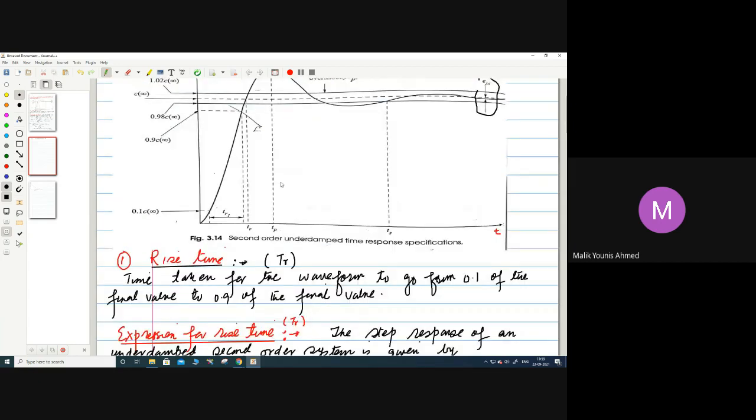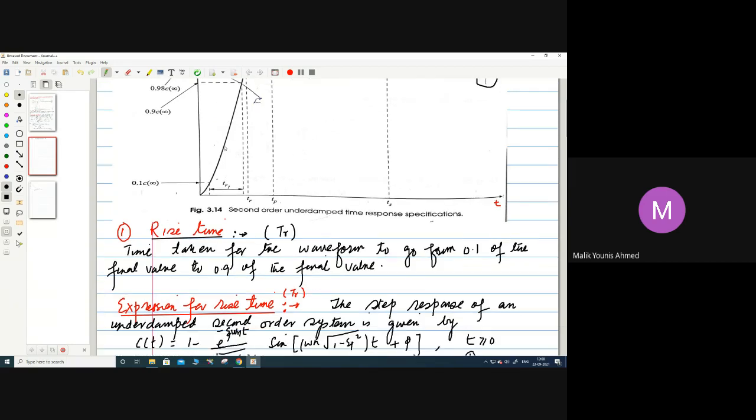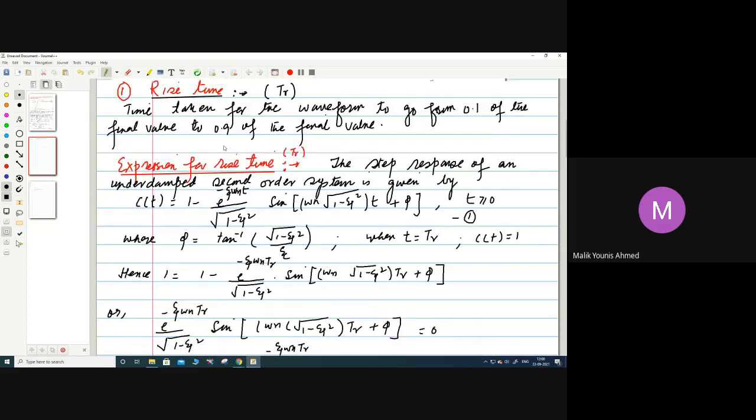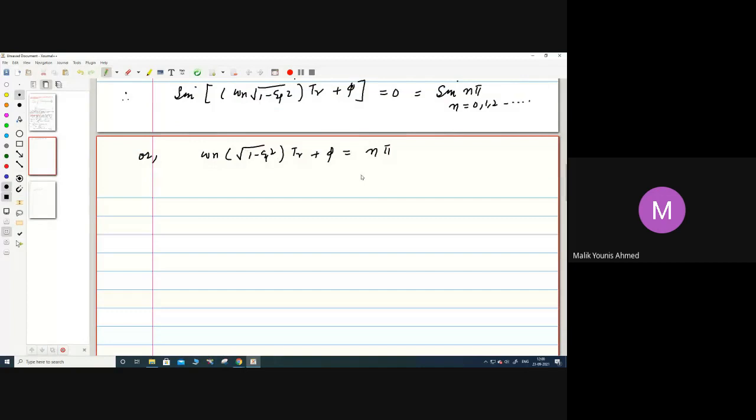From the graph, we are interested in the first attempt to reach the response from 0.1 times the final value to 0.9 times. There can be a number of peaks, but we are not interested in the second, third, fourth peak. We are interested in the first attempt. In that case, n will be substituted equal to 1.